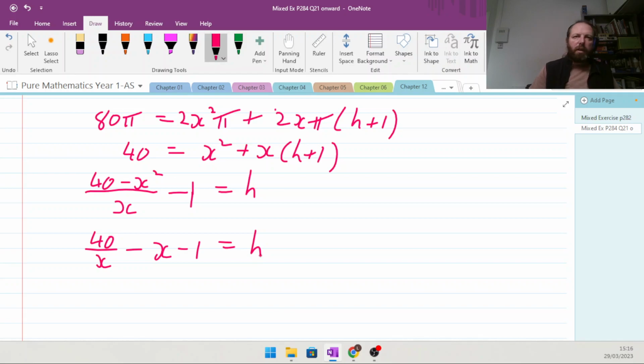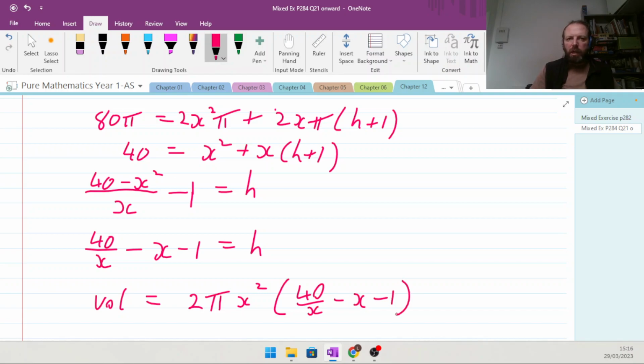Show that the volume, so the volume of this tin is going to be the area of the circle, pi r squared, so we'll put x squared in, times the height, which is going to be 40 over x minus x minus 1. Okay, and hopefully this is all going to come out nicely.